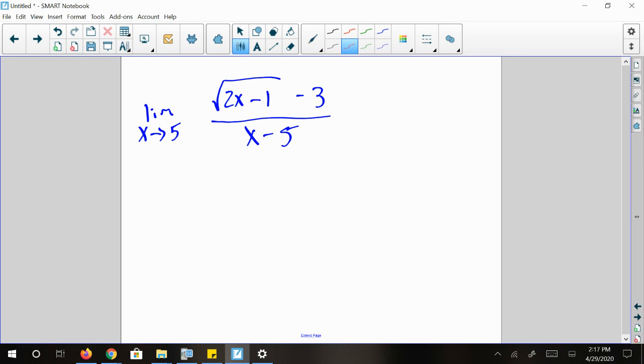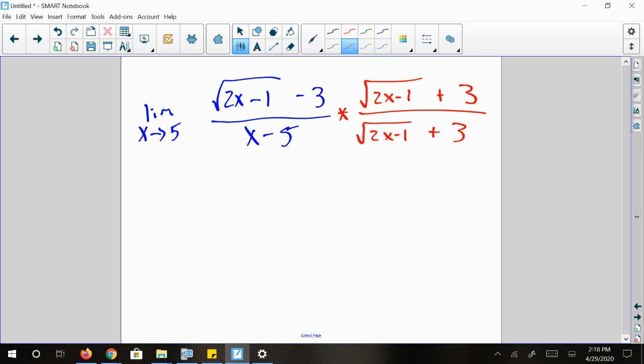So I'm going to multiply by the conjugate up here on the top, which is going to give me the square root of 2x minus 1 plus 3 instead of the square root of 2x minus 1 minus 3. But if I do this on top, I must do the exact same thing on the bottom. So I'm going to multiply by that same factor on the bottom, and this divided by this is 1, and let's take a look at what happens when I do this.